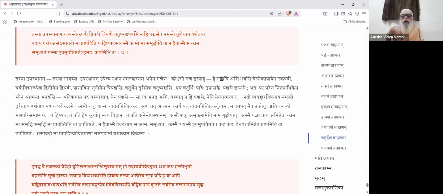But then there is something more than that. There is something more than the sagunam brahma. What is that? Ataha param parena nirupadhikena swena atmana apadasi. But in reality, what? Your Swarupa is what? Without any pada. Your very nature, your Swarupa is that it doesn't have any upadhis.